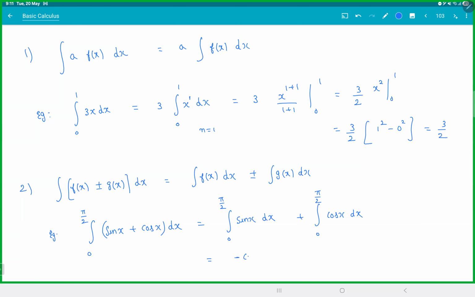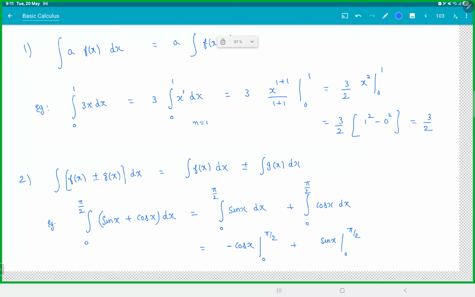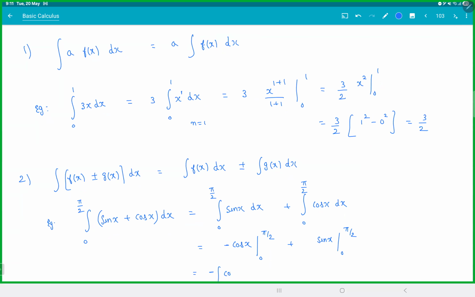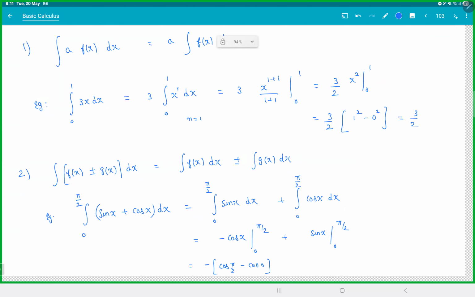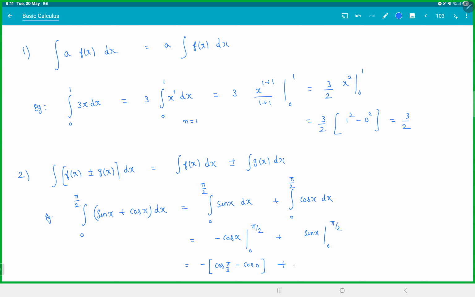Integral of sin is minus cos x. So be careful, differential of sin is plus cos x. This will be 0 to 90. This will be sin x from 0 to 90. So when you put the limits here, minus cos 90 minus cos 0, plus sin 90 minus sin 0. Substitute the values. Cos 90 is 0 and sin 0 is 0. So this guy will be 1 plus 1, which is 2.